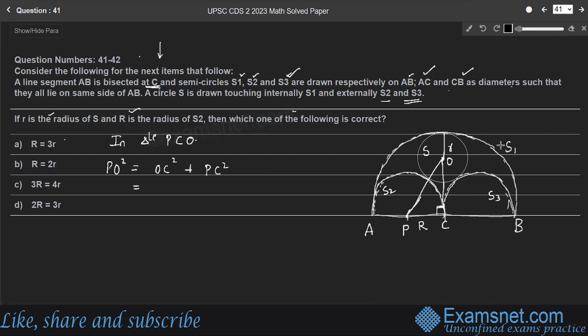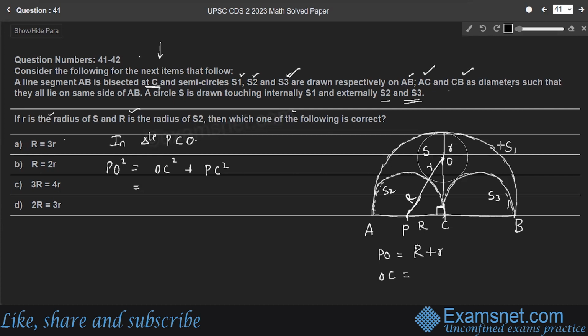What are OC, PO and PC in terms of the radii? PO is the sum of the radii of the semicircle S2 and the circle S, so PO is R plus r.